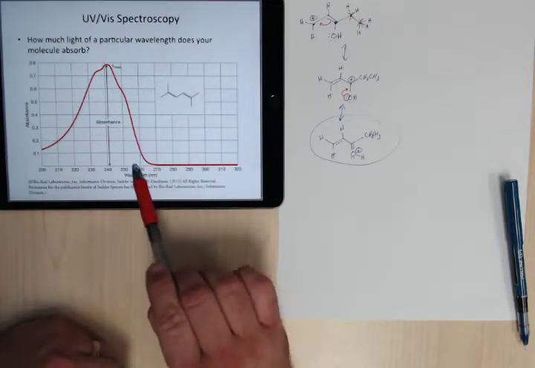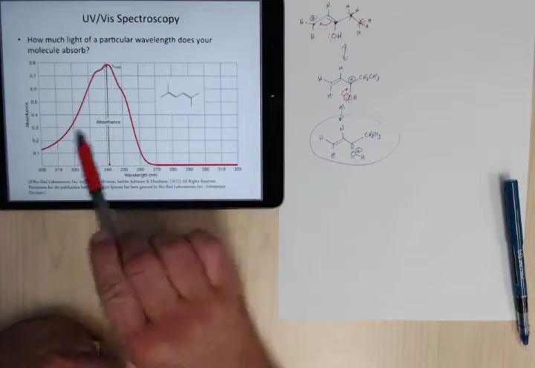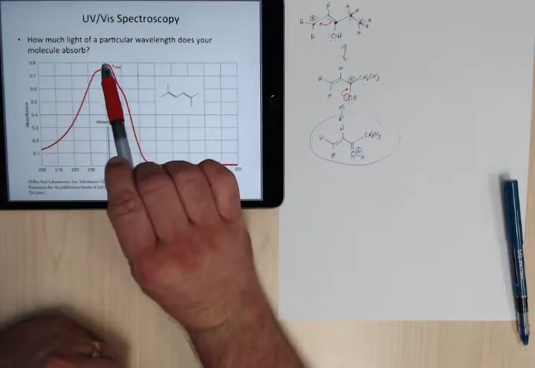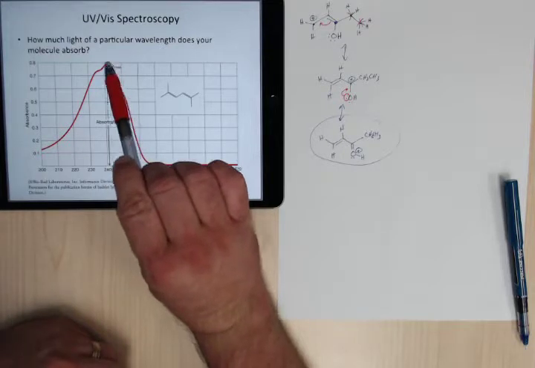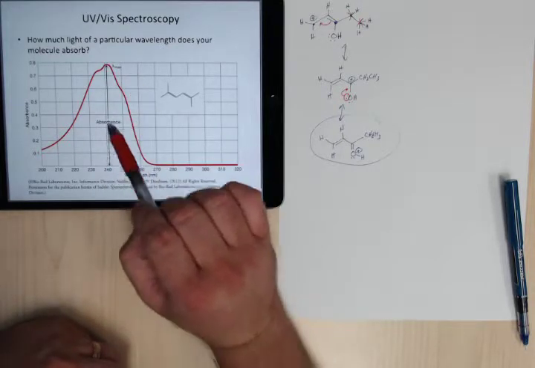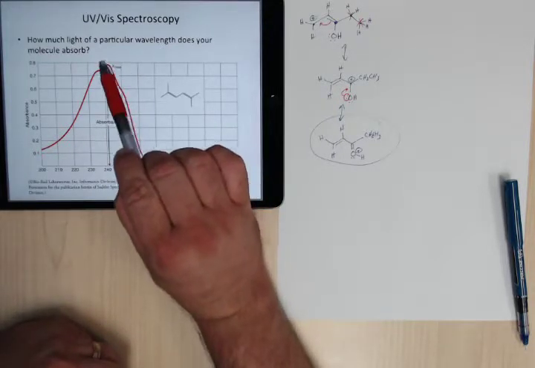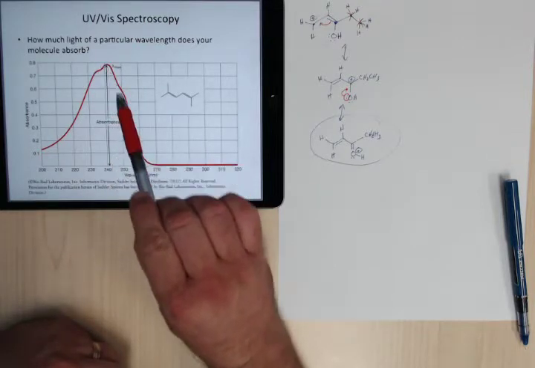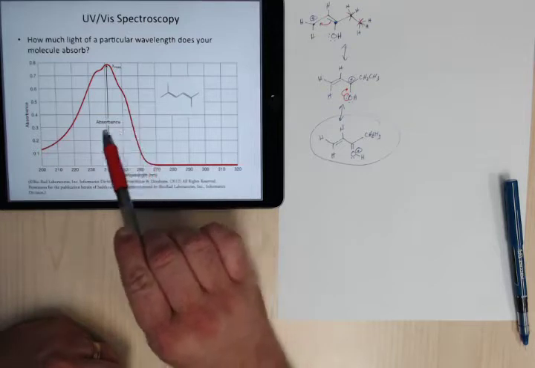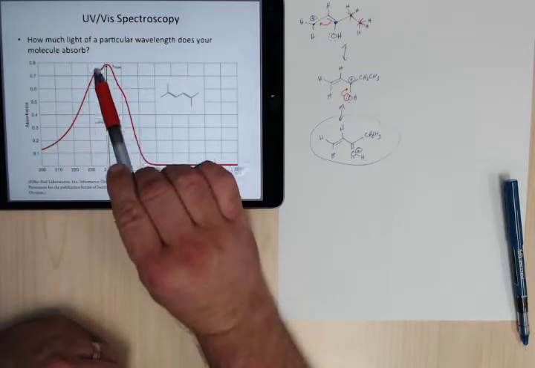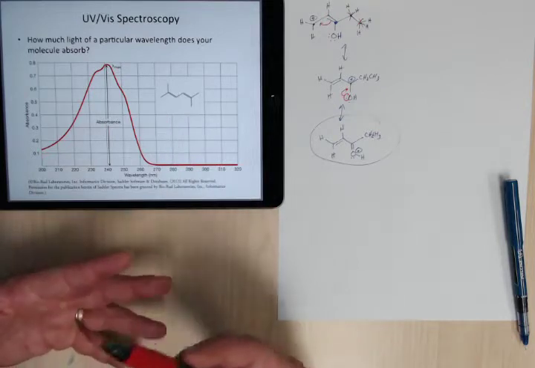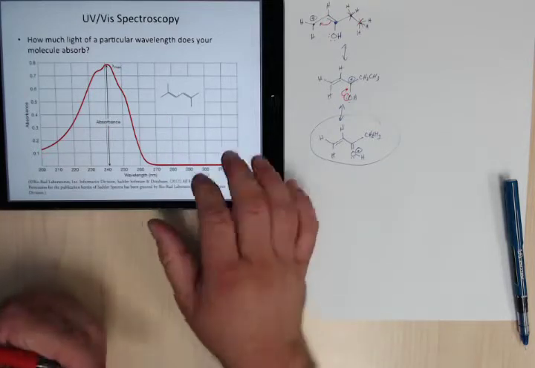At different wavelengths, usually we talk about the peak, the wavelength at which there's maximum absorbance. So here it'd be like 241 or something like that. It does some absorbance at the other wavelengths, but this is the maximum wavelength. So this molecule is going to absorb that light relative to the reference.